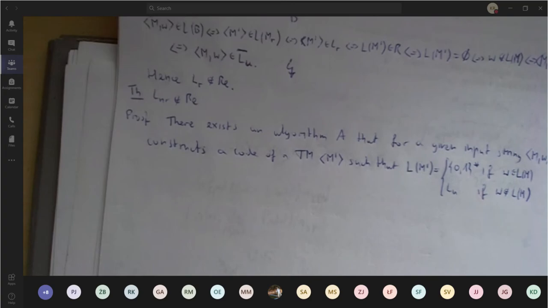We can imagine how it works, but we won't write it down. We will just use it. But I will draw this M prime Turing machine.